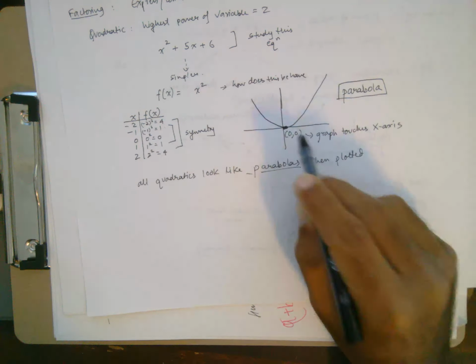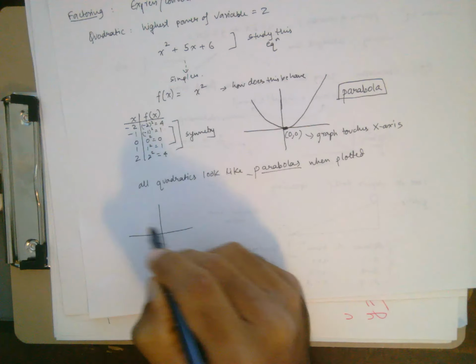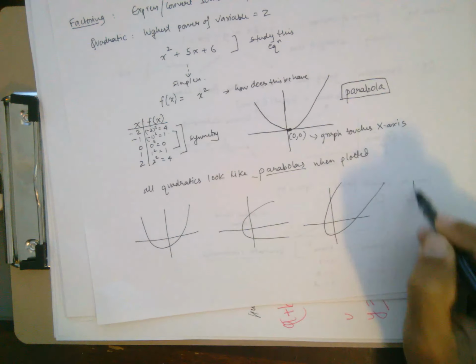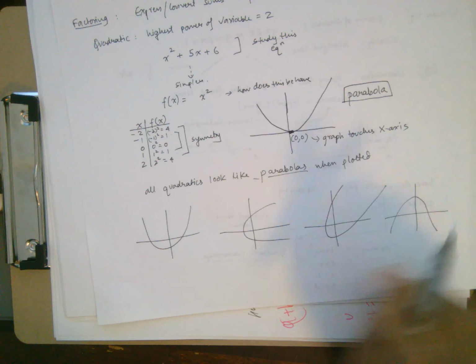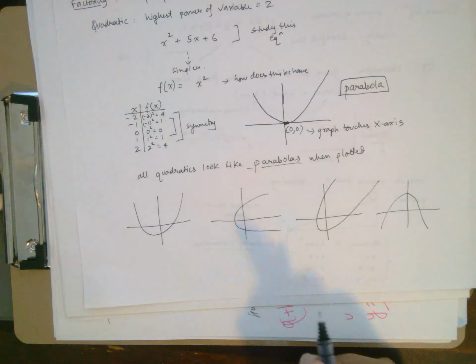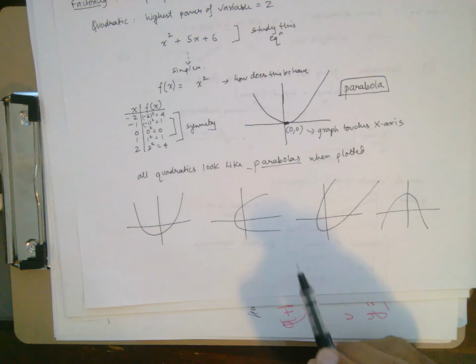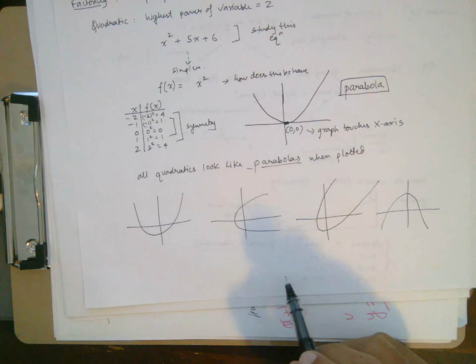They may not look like this, they could look like that, they could look even downward, but the general shape is preserved, which means there is some notion of symmetry in these shapes.